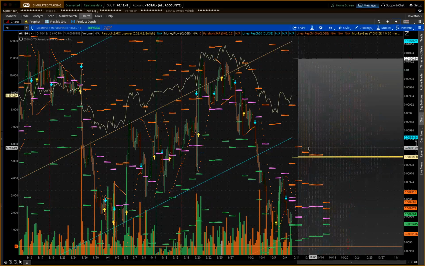The channel is about 400 points, so it'd be 104 to 108 if it breaks out to the upside, and then 100 to 96 on the downside. So it has a 400 point range there.